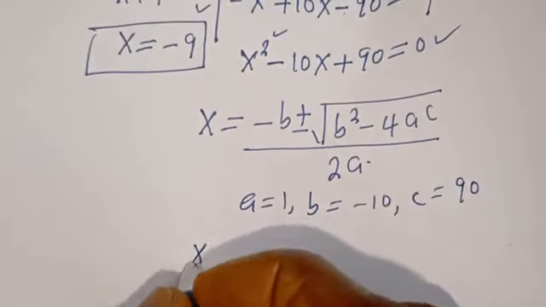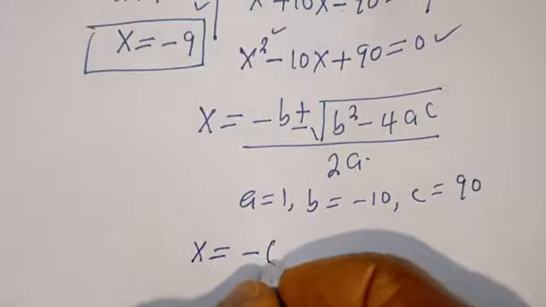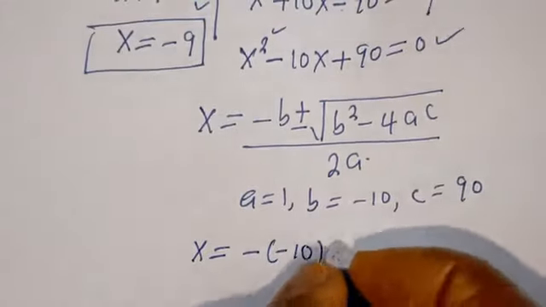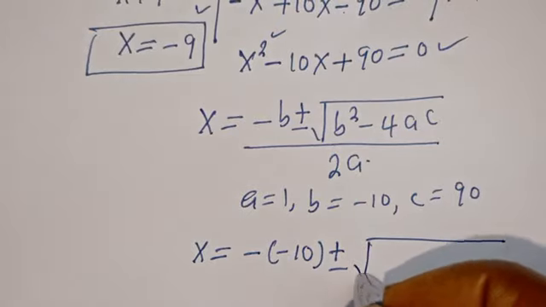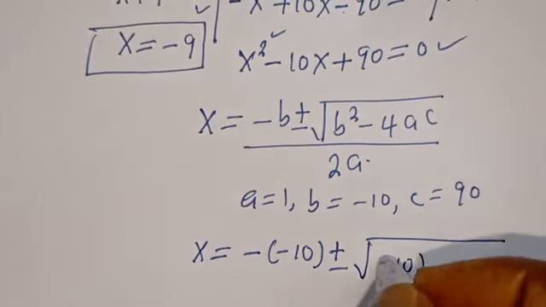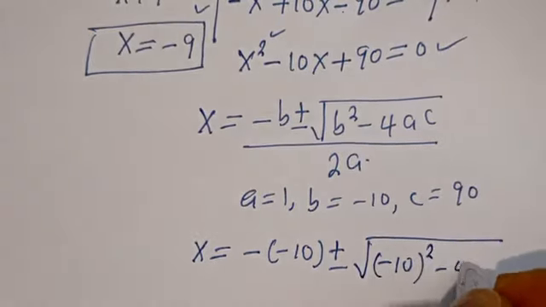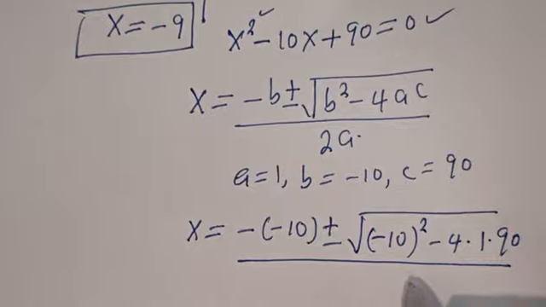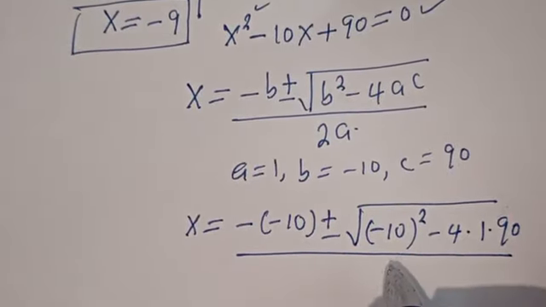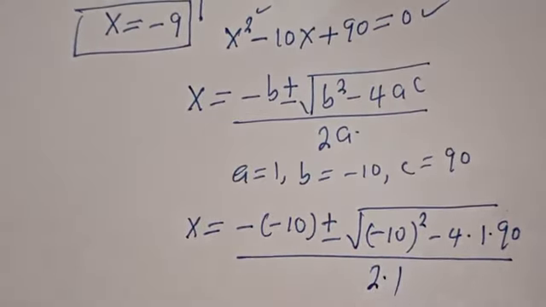Then s is equal to minus bracket minus 10 plus or minus square root of minus 10 squared minus 4 multiplied by 1 multiplied by 90 divided by 2 multiplied by 1.